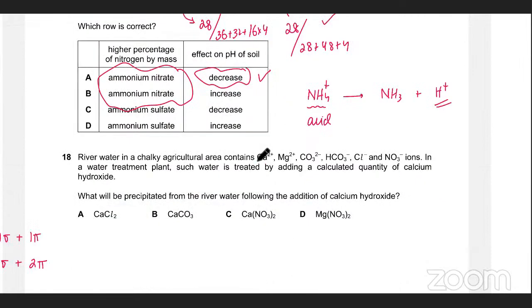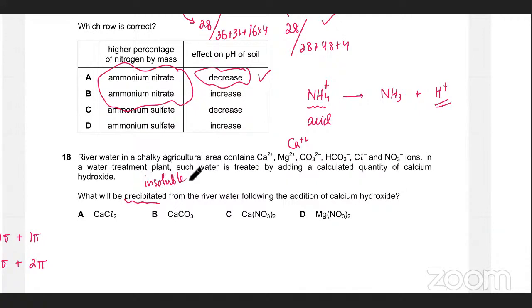The next one: river water contains these ions. What will be precipitated from the river water following the addition of calcium hydroxide? If you add calcium ions as well, now the answer is simple. What is a precipitate? It's something that is insoluble. Only those things that are insoluble form a precipitate.